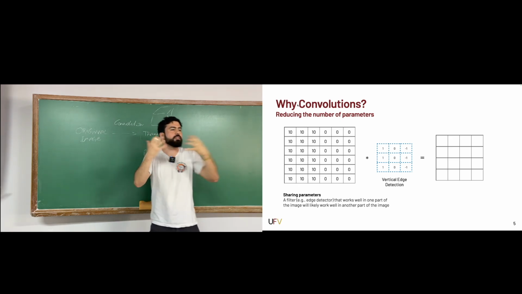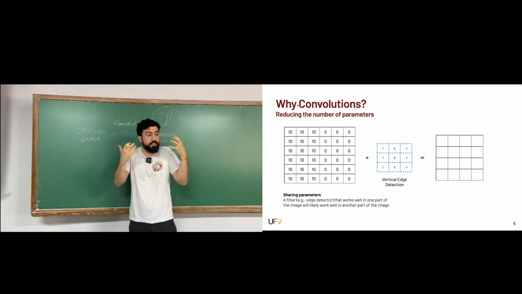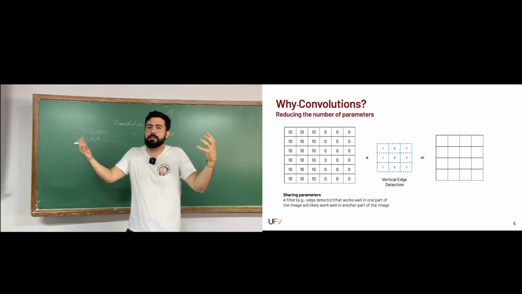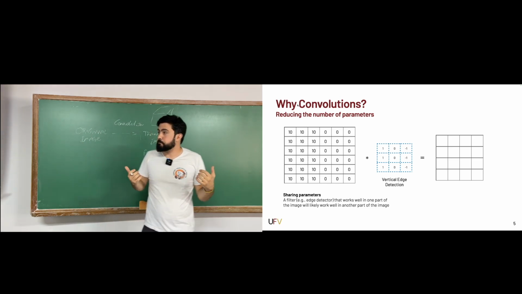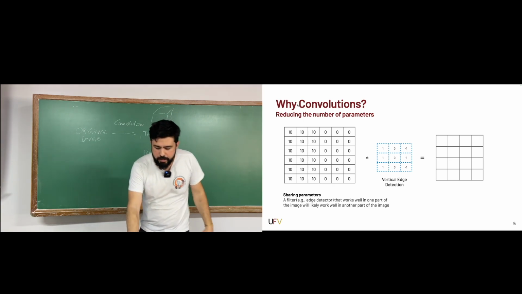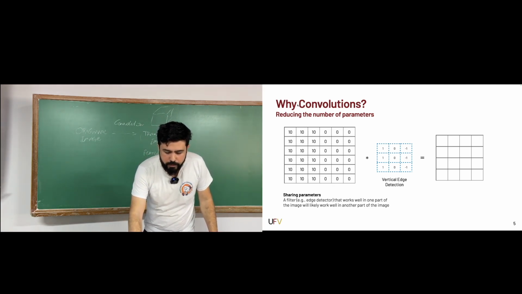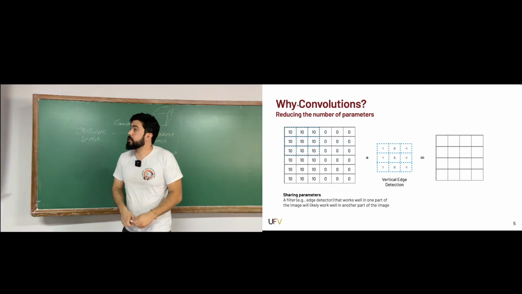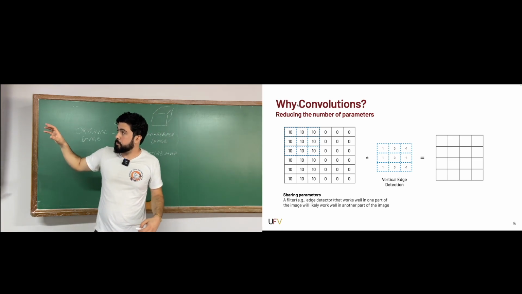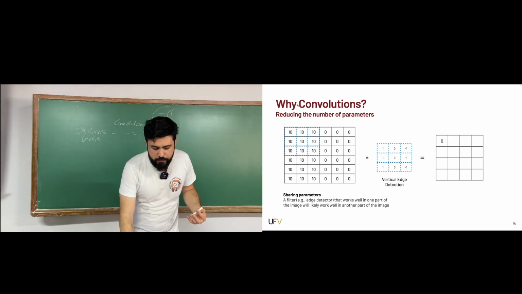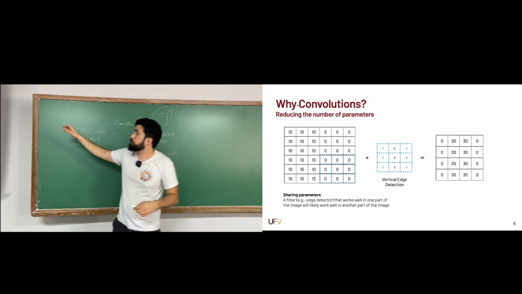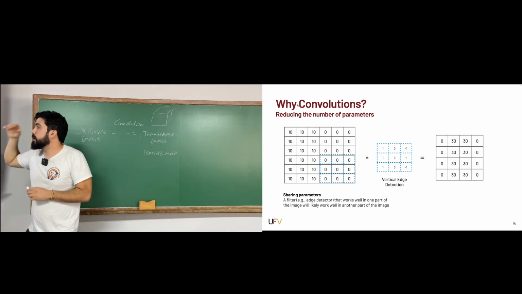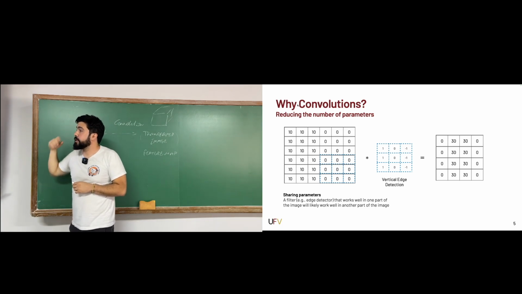You don't need two separate filters for the same task because it's exactly the same object, it just happens to appear in different parts of the image. So you want to share this filter across different regions, and if you learn a good filter, it's going to give you meaningful outputs for different regions of the image.